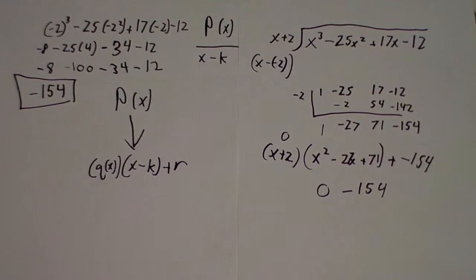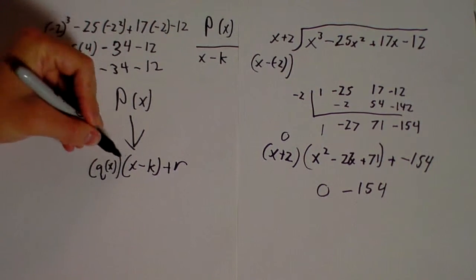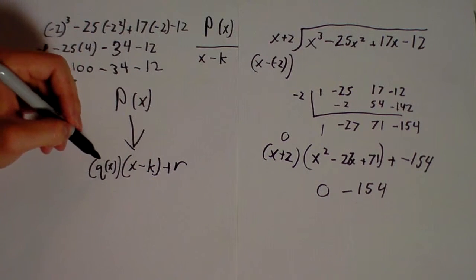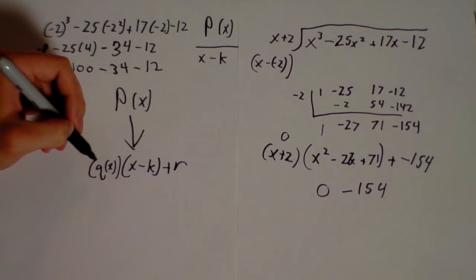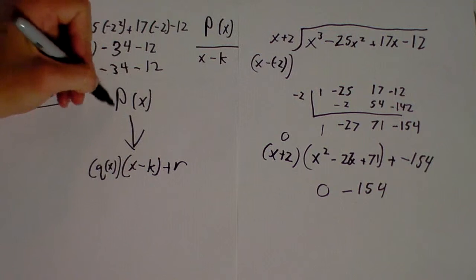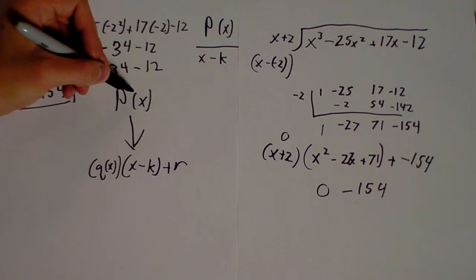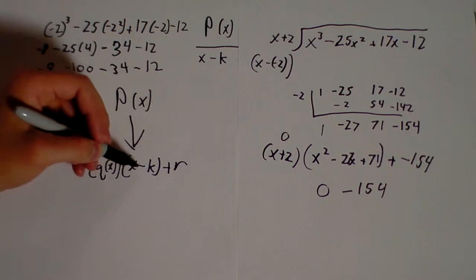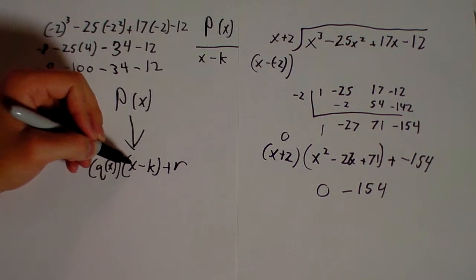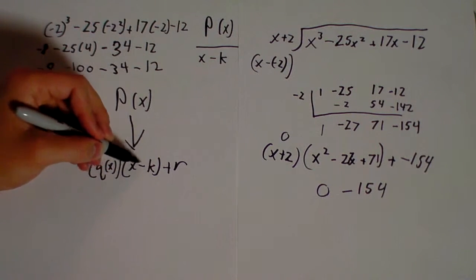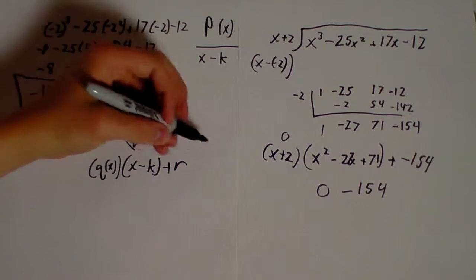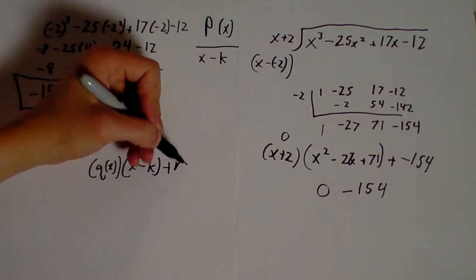This is always true. If our polynomial can be rewritten this way, then if we want to evaluate the polynomial at k, say x equals k, what's the polynomial at k? All we have to do is say, okay, if x equals k, then x minus k is going to be 0. This whole expression is going to be 0, and we're just left with the remainder.